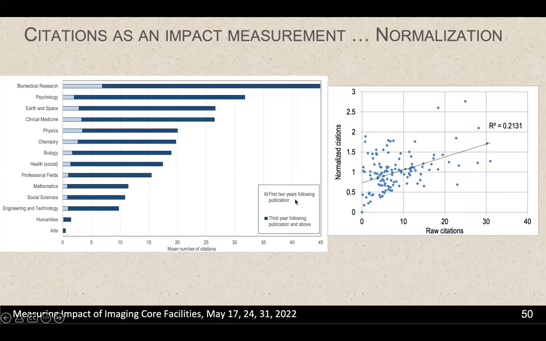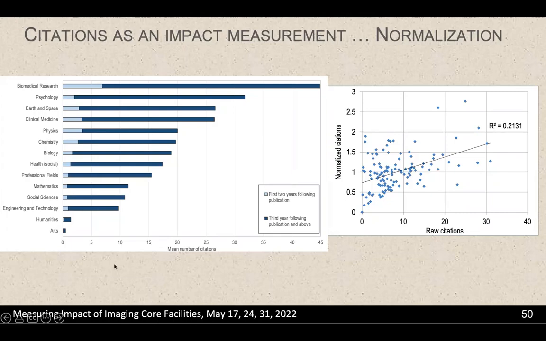You can see the first 2 years in light blue, and the third year in dark blue. In psychology, and Earth and space, there are a lot. If you go to humanities or arts, nothing, just because they don't publish many articles. Engineering and technology, not much either. In social science, the mean number of citations is pretty low.